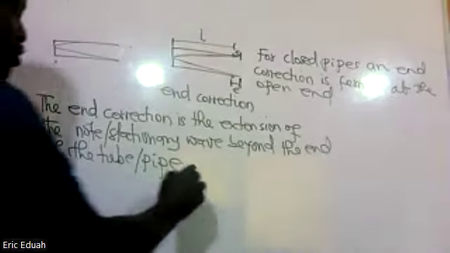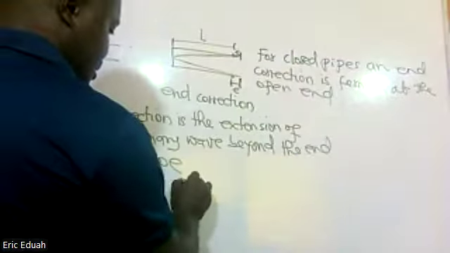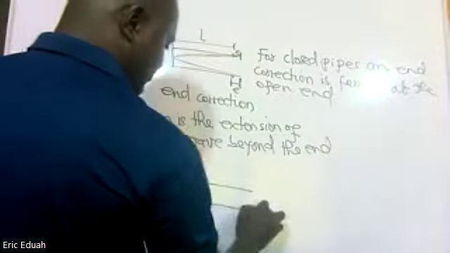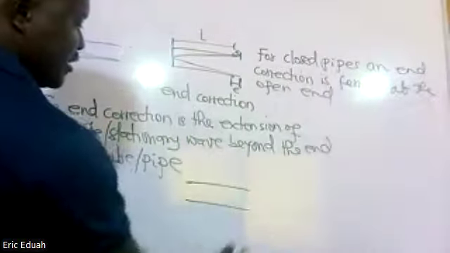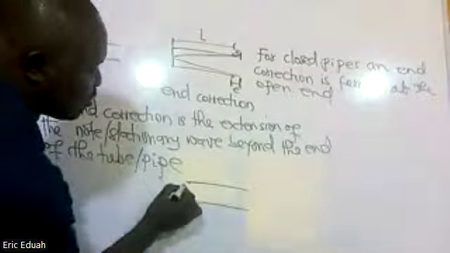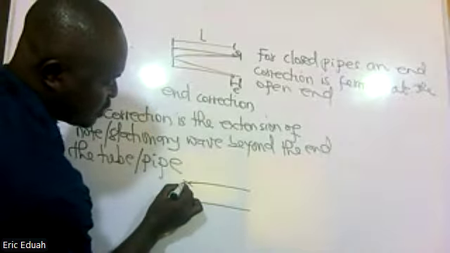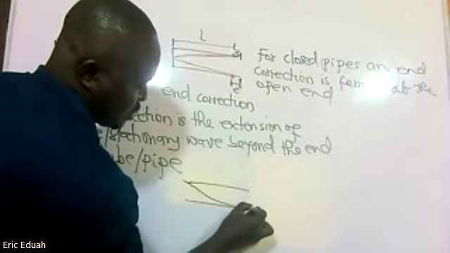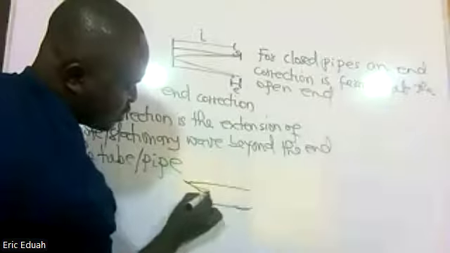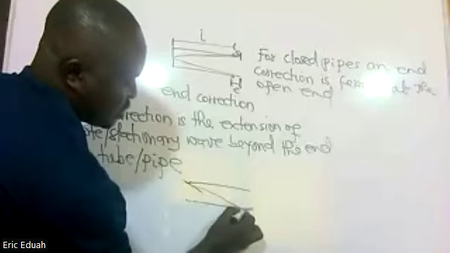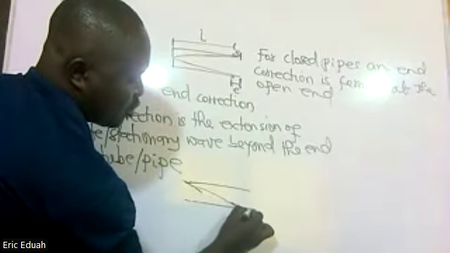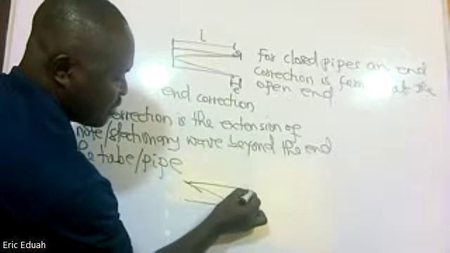If you have an open pipe, a pipe open at both ends, there is formation of end correction at both ends. So the note goes beyond at both ends.